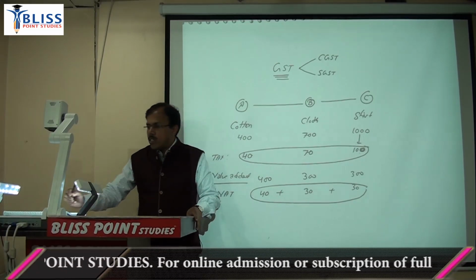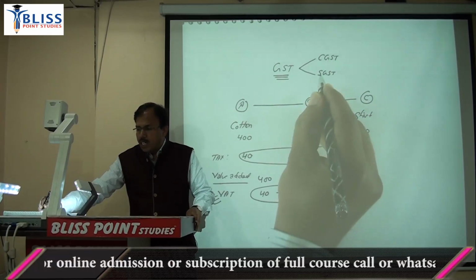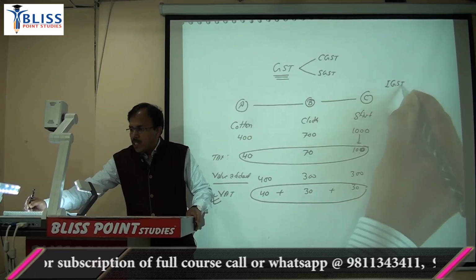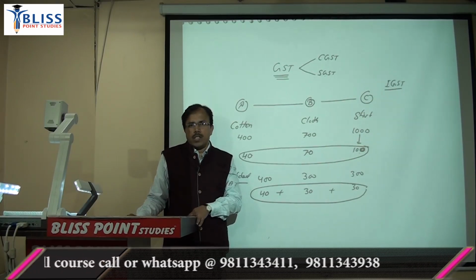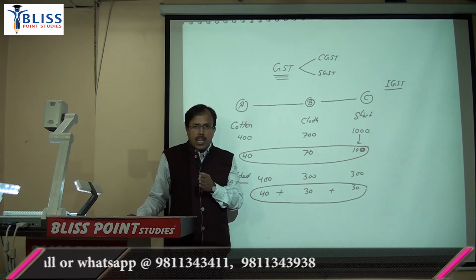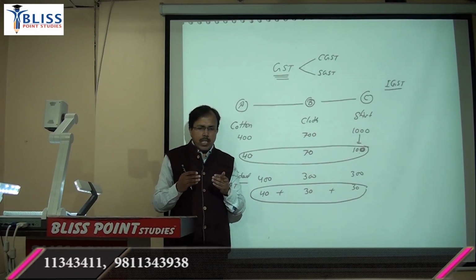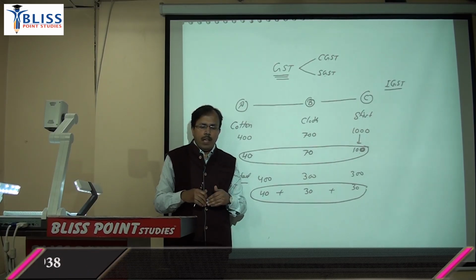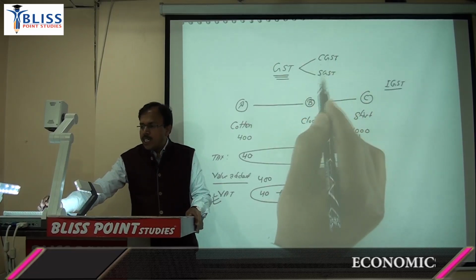And for those interstate transactions, rather than CGST and SGST, IGST is charged, integrated GST or interstate GST. Now interstate transactions are charged IGST. Just for example, if any student is attending this class offline in Delhi, then on that fee he will be paying CGST and SGST.